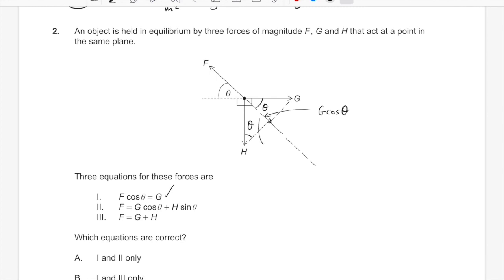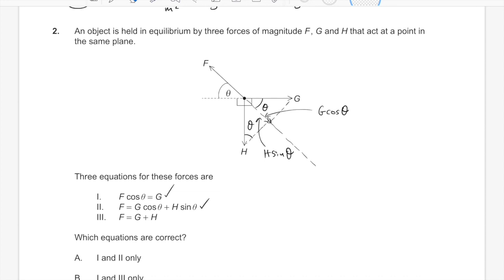And then it's H sine theta. That is the component of H along that direction. And those 2 forces added up, so G cosine theta plus H sine theta has to balance out F. They're all pointing along the same direction, and since they're in equilibrium, then they need to balance out. So the second equation is also true.